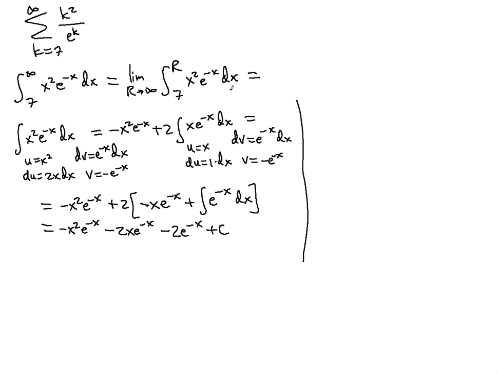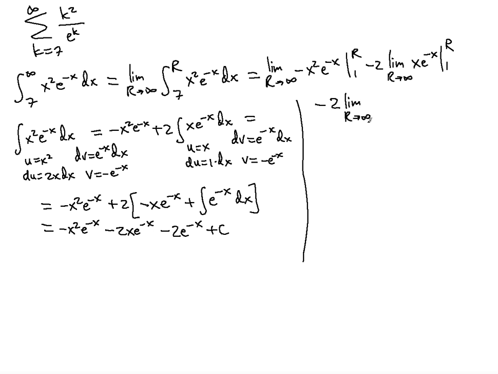Now we'll keep the limit here. We get negative x squared e to the negative x from 1 to r, minus 2 times the limit as r approaches infinity of x e to the negative x from 1 to r, minus 2 times the limit as r approaches infinity of e to the negative x from 1 to r. We have 3 terms to worry about.